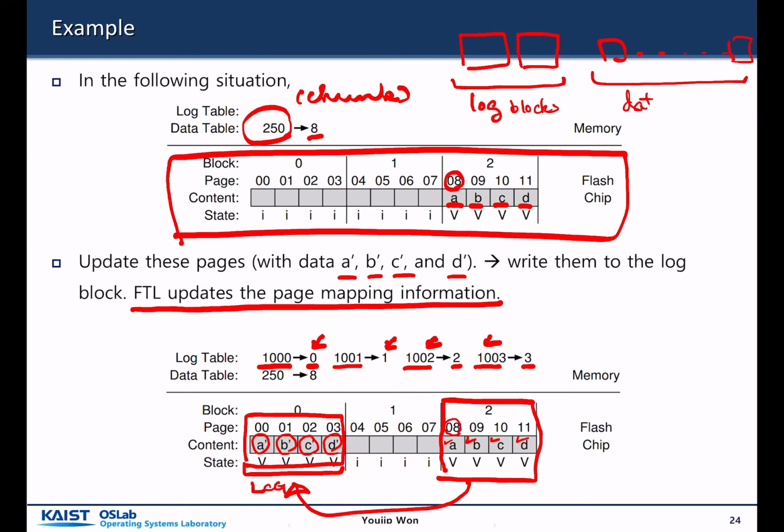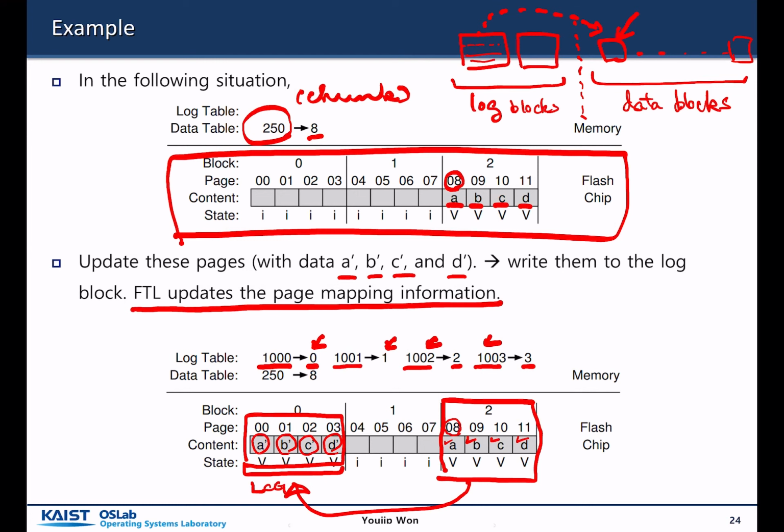Log blocks are maintained by page mapping, and data blocks maintain block mapping. So that's the difference. When a certain data block is updated, the FTL designates one log block for this data block and updates the log block in a page mapping manner. So this is how it works.